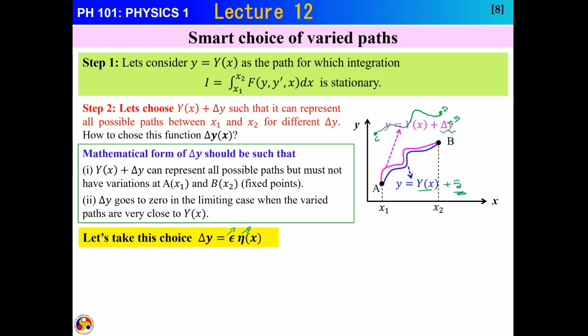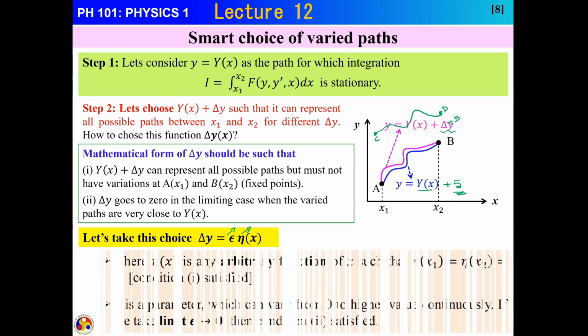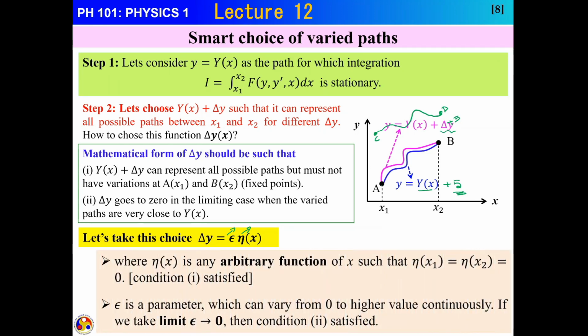Now the eta has a special property that it is an arbitrary function of x. Remember, it can be any arbitrary function of x, but the condition is that eta at x1 and eta at x2 should be 0. So that if I take y1 and y2, and I do y2 equal to y1 plus eta psi, then what happens?